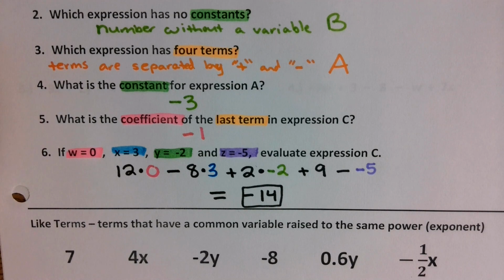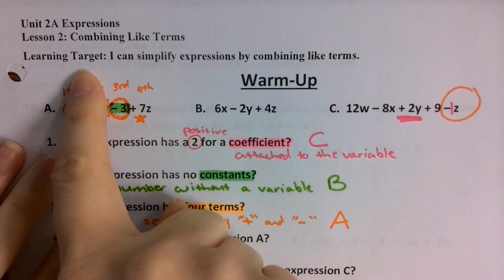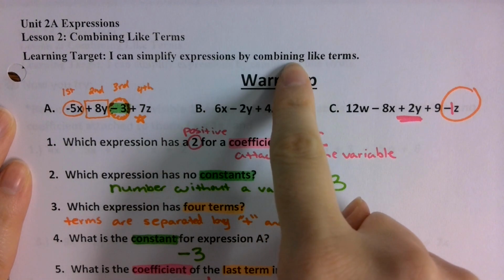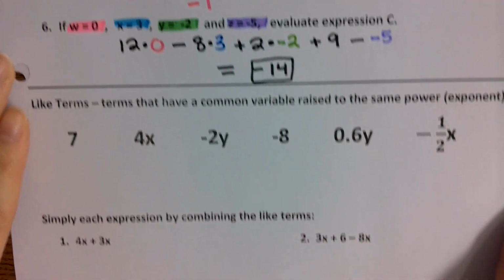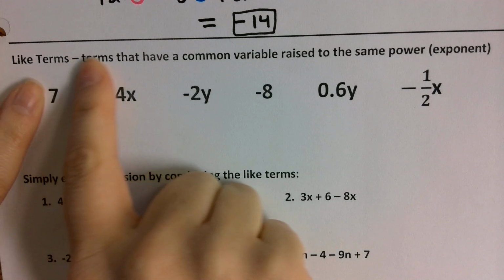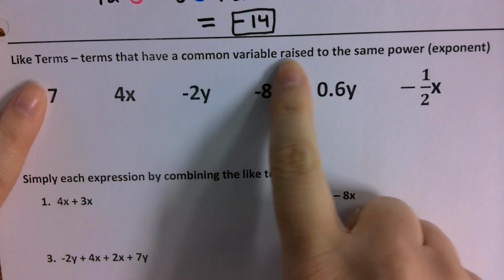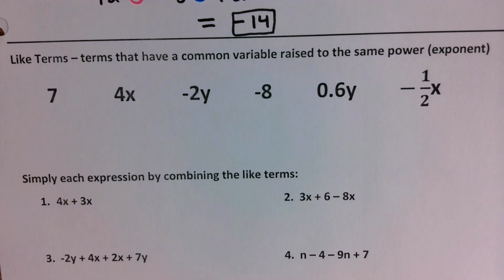So what we're doing here is we are now going to simplify. That's our learning target. Our learning target is I can simplify expressions by combining like terms. So like terms, by definition, are terms that have a common variable, and those variables are raised to the same power, the exponent, that little number that goes up in the top right corner, if one exists.